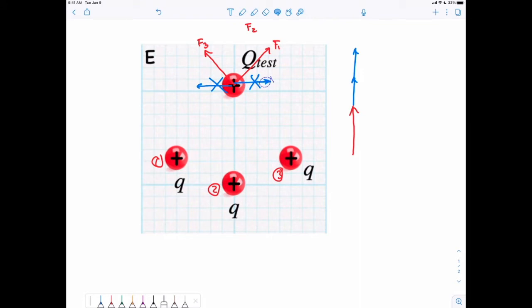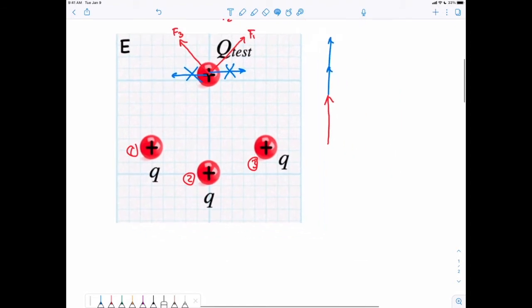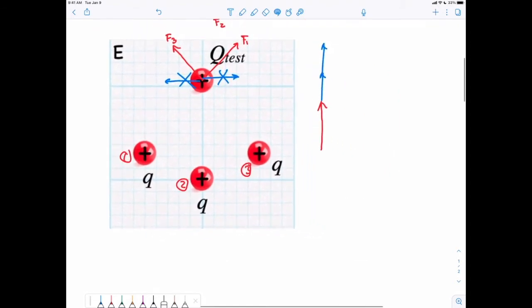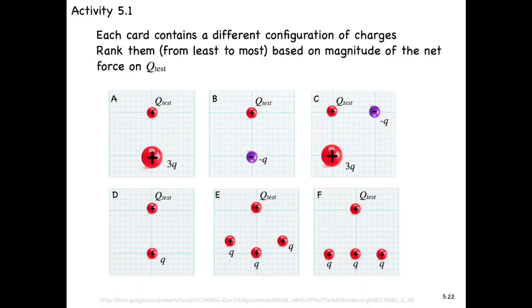And if you like, I can also include this left and right vector in this vector diagram, so that these cancel out. So if we compare that to what we had with 3q on the bottom, that was A. We compare that to diagram A.